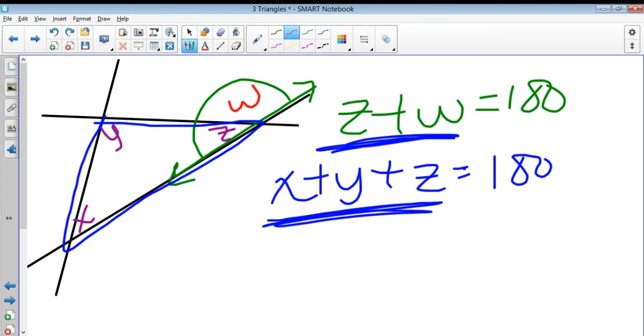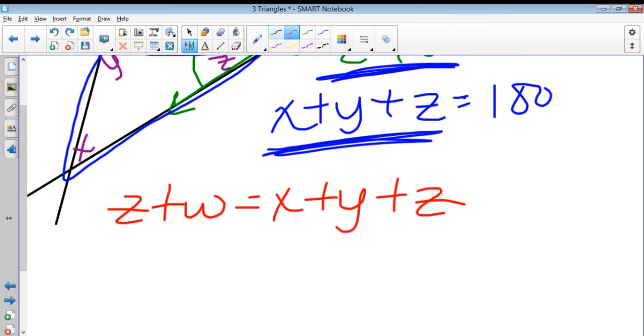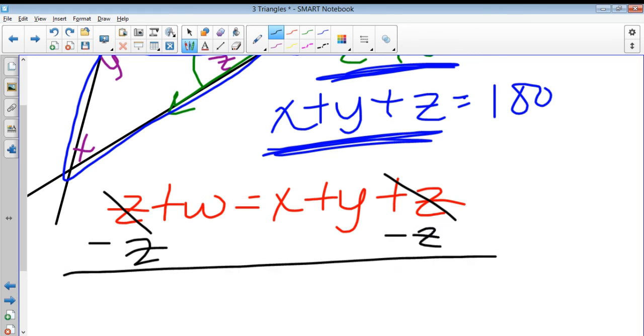That is called the transitive property of equality. If a equals b and b equals c, then a equals c. It's the transitive property of equality. So here we just put them equal to each other. z plus w equals x plus y plus z. They both equal 180, so we can set them equal to each other. Well, look at what happened again. These are on different sides of the equation, so we can just subtract them off. They go away. So w equals x plus y.